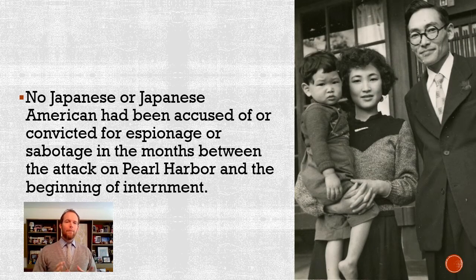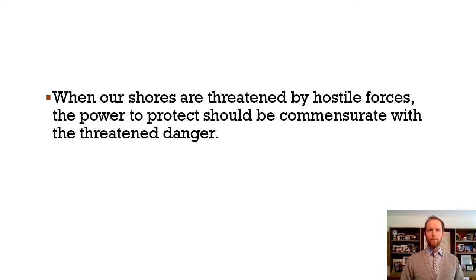No Japanese or Japanese American had been accused of or convicted for espionage or sabotage in the months between the attack on Pearl Harbor and the beginning of internment. When our shores in the United States are threatened by hostile forces, the power to protect should be commensurate, or equal, to the threatened danger.